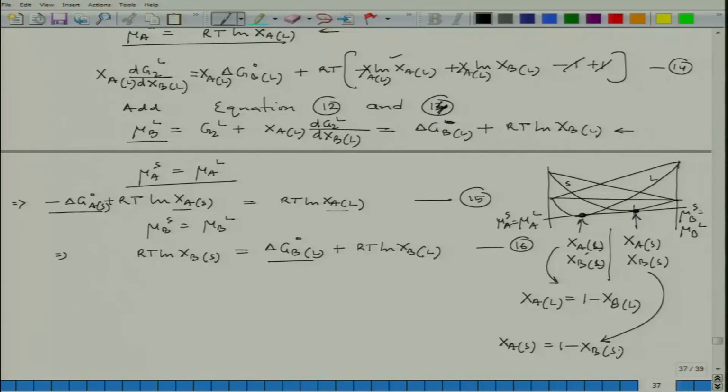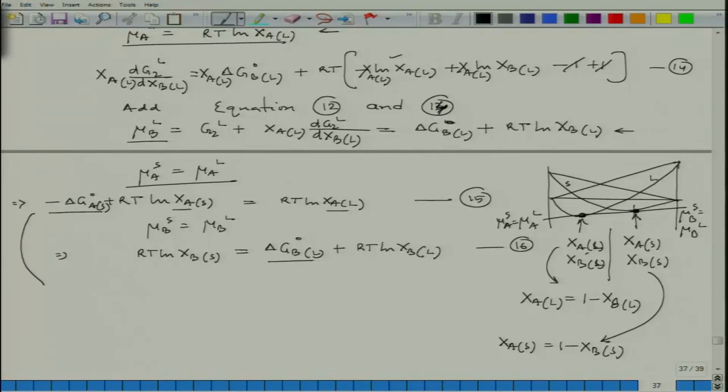So, actually we have two unknowns, two equations. To solve this we have to just express either liquid or solid composition with reference to a particular component, either A or B. Let us do it from the point of A.